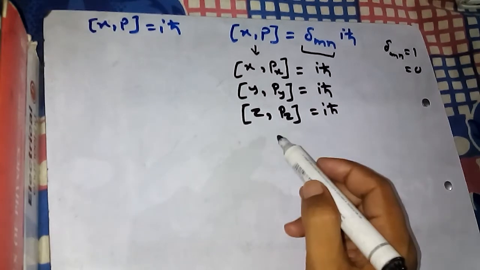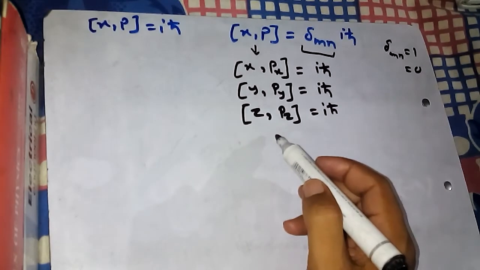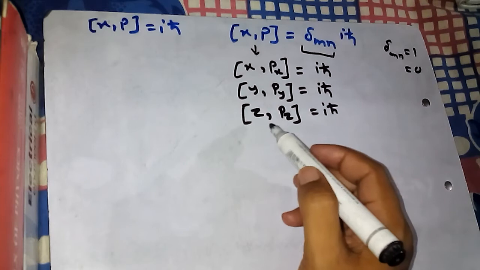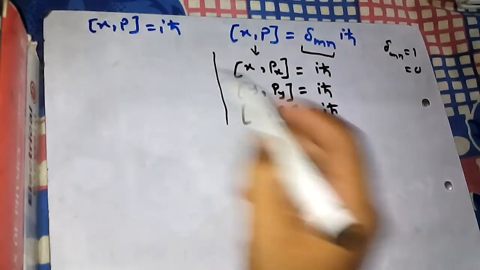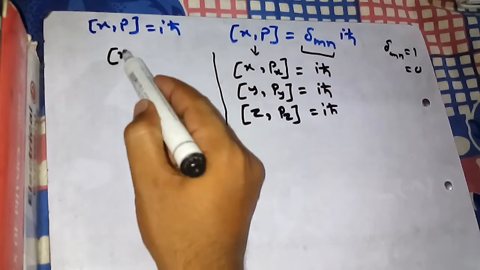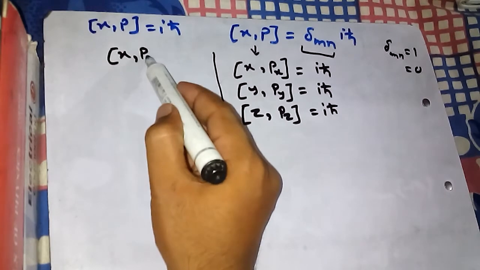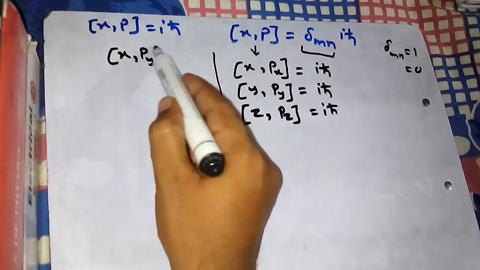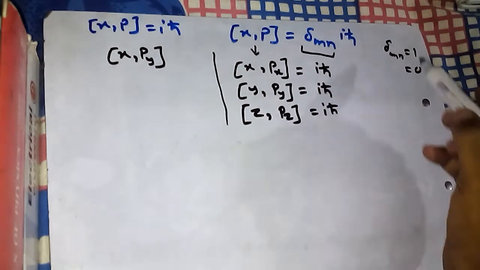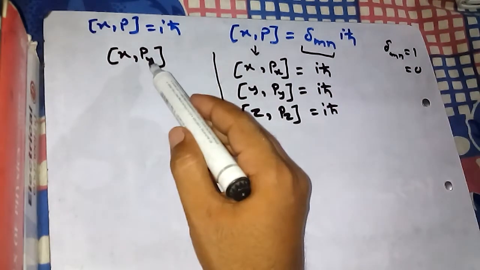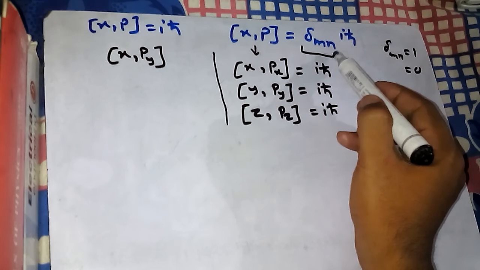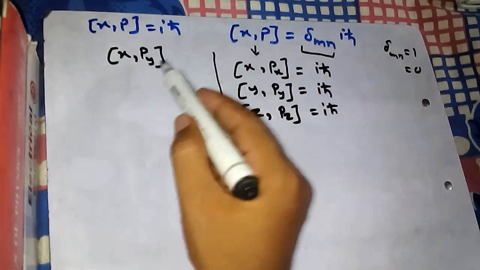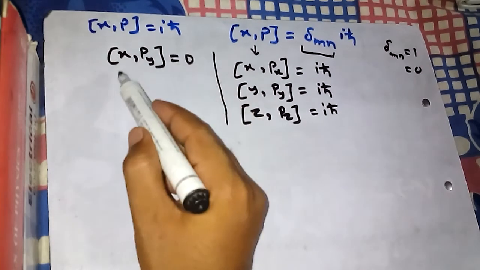Then what should be the relation when the components are different? If we have x component of position and y component of momentum, then since the components are different, this quantity will be 0, and that's why the whole term will be 0 and this is equal to 0.